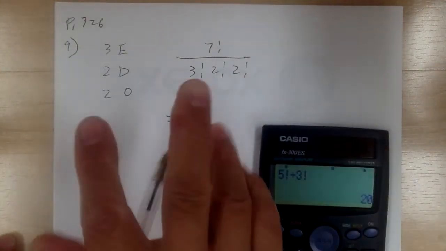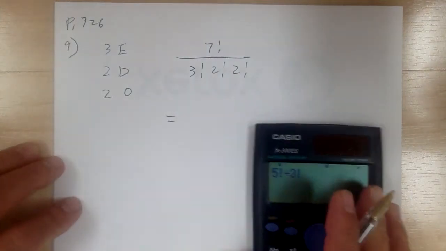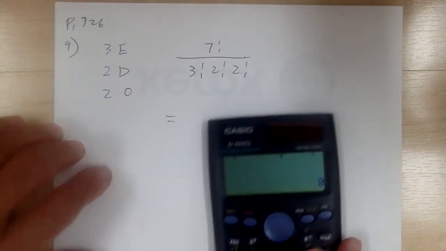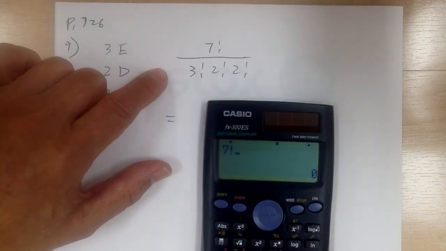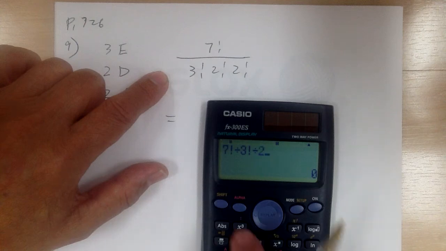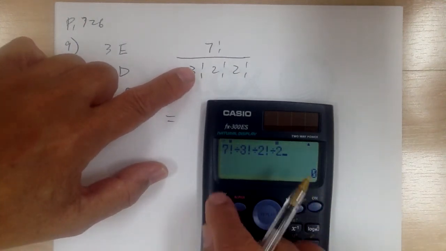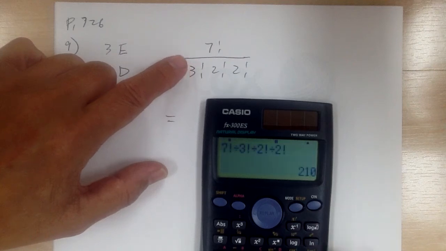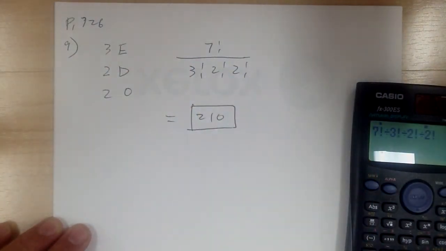So again, when you have identical items, when you switch the order, they still remain the same. Okay, so you got 7 factorial divided by 3 factorial divided by 2 factorial divided by 2 factorial, so equal to 210.